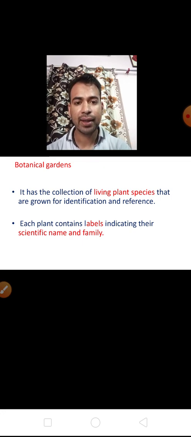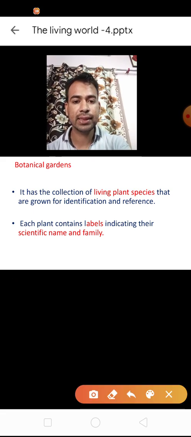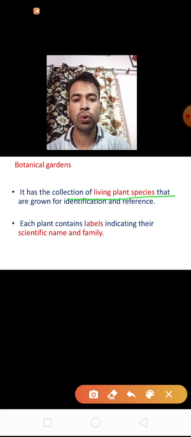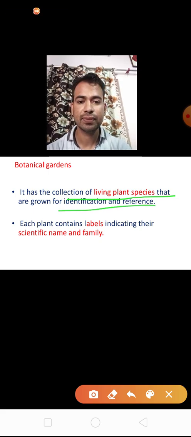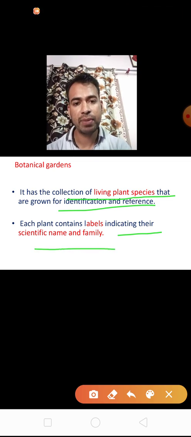Next, that is botanical garden. Botanical gardens are those places where living plant species are grown for identification and reference. It has a collection of living plant species grown for identification and reference. Each plant contains labels indicating its scientific name and family.